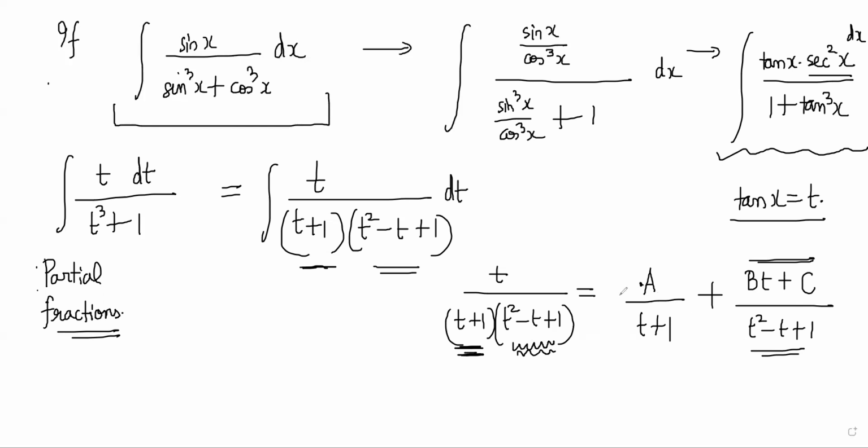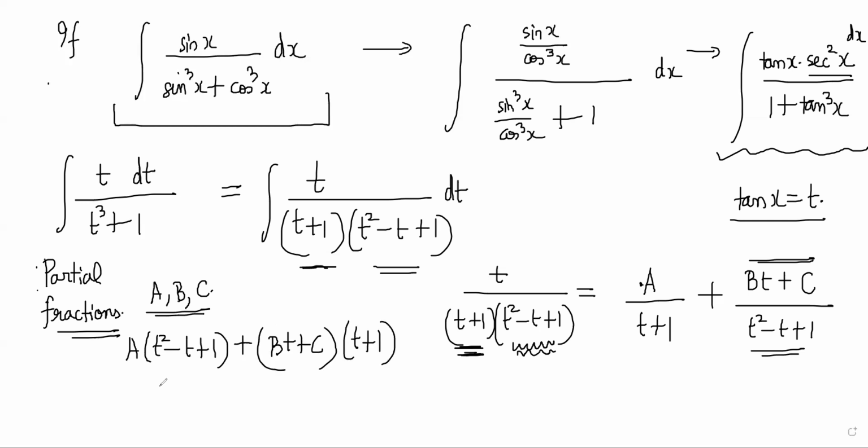So now our job is to find out A, B, and C. That is pretty easy. You just multiply A times t square minus t plus 1 plus bt plus c times t plus 1. That should be equal to the numerator t, right? Correct? Yes, sir.